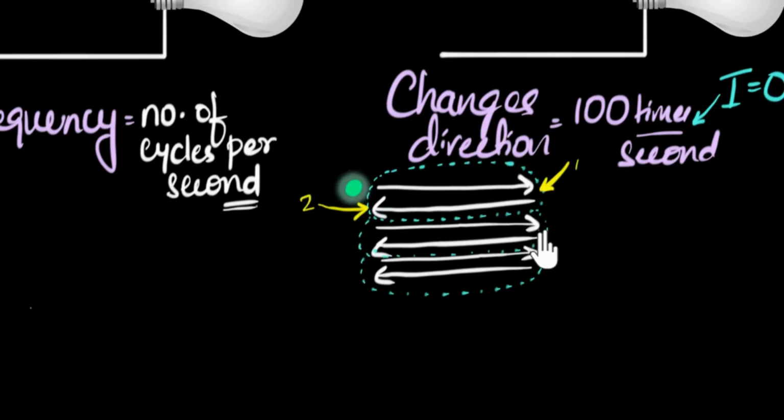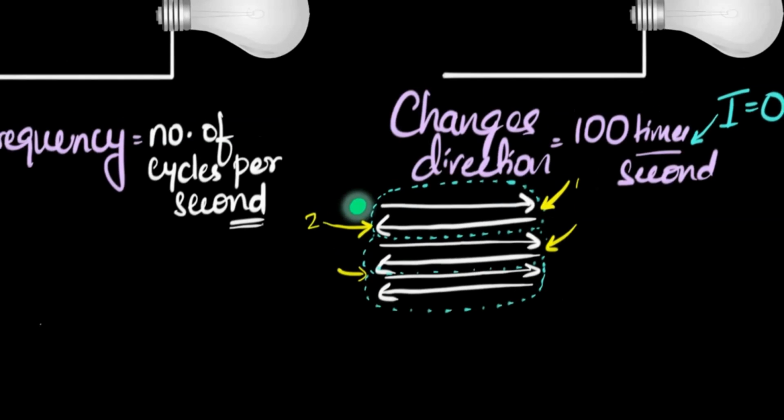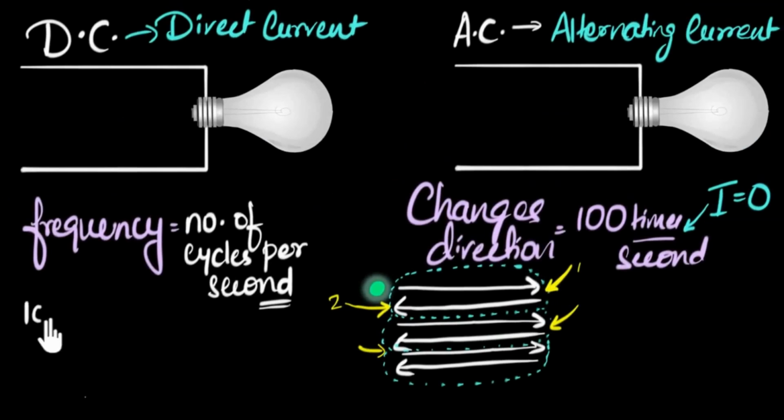That's important. Same case with the second cycle as well. It goes forward, boop, changes its direction, goes back, changes direction, and gets ready for the next cycle. Then goes forward, changes direction, goes back, changes direction. So in 1 cycle, the electron is changing its direction 2 times. So let's write that. In 1 cycle, the electron changes direction 2 times.